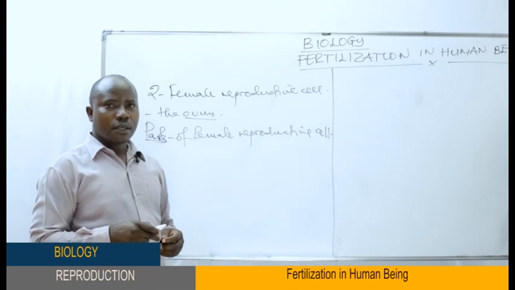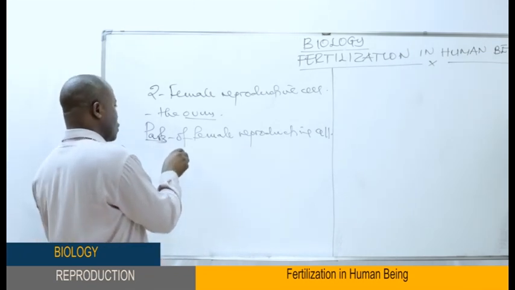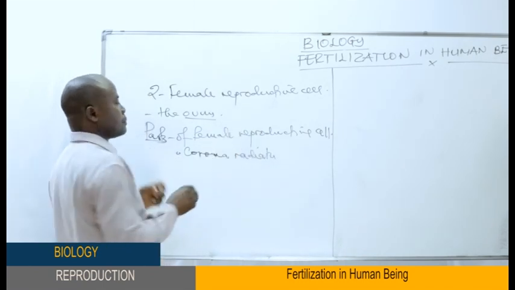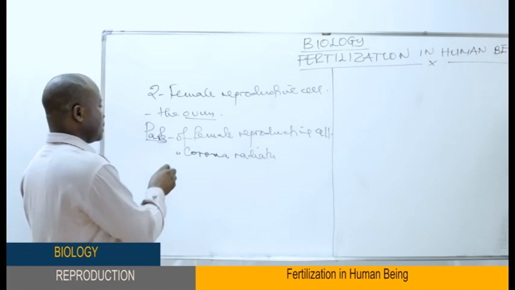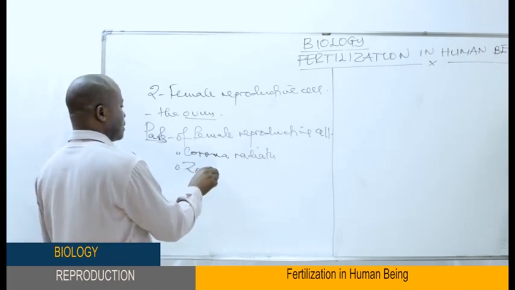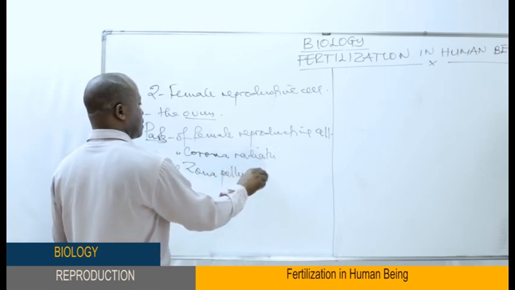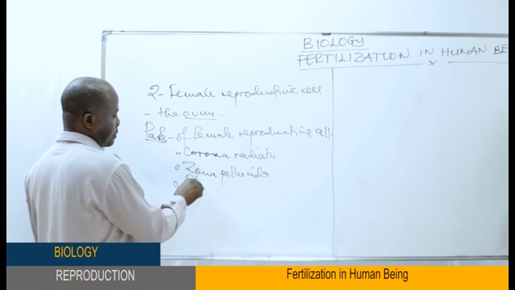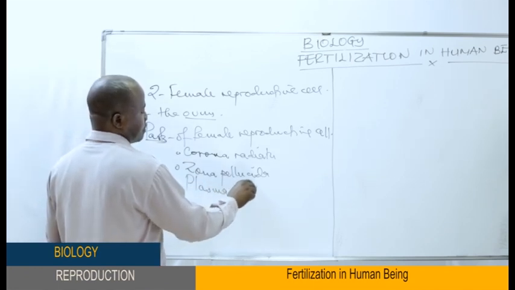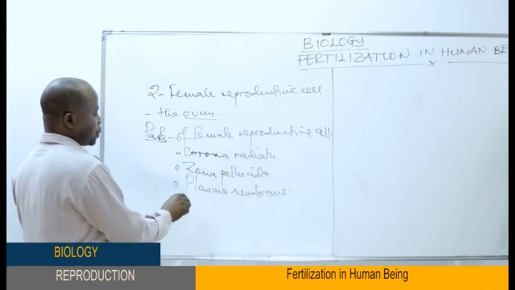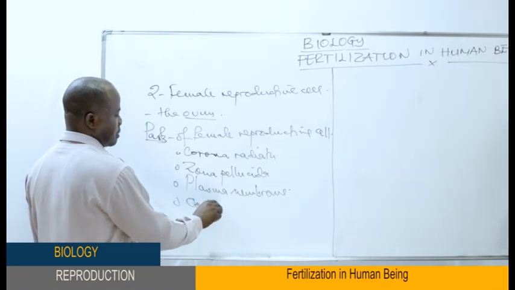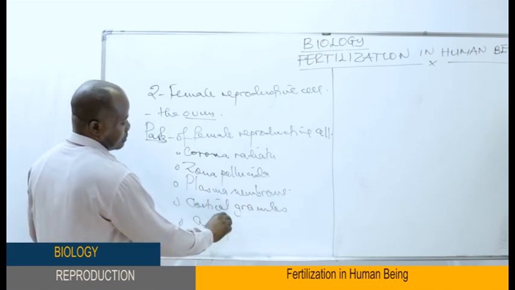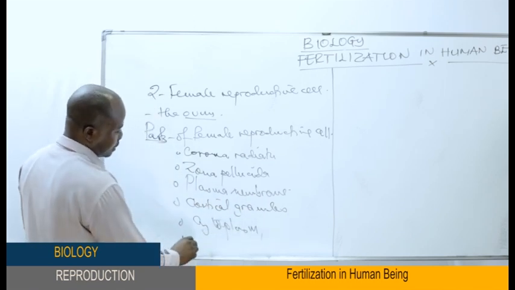The ovum consists of the following parts. The female reproductive cells consist of one, the corona radiata, the outermost layer forming the female reproductive cell, but also there is zona pellucida, just behind the corona radiata, and then there is plasma membrane, there is cortical granule, the cytoplasm, and the nucleus.